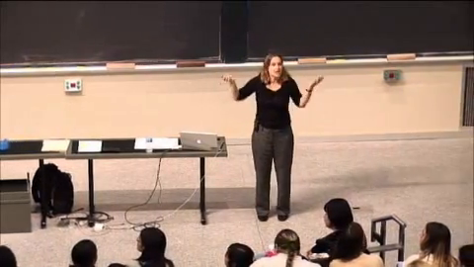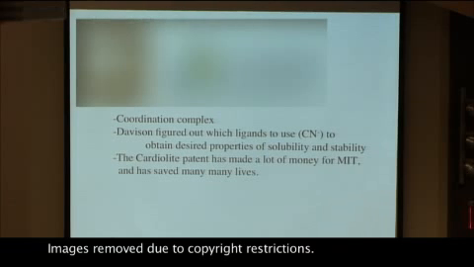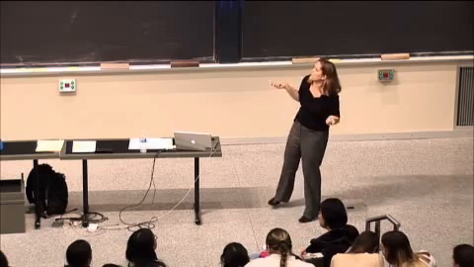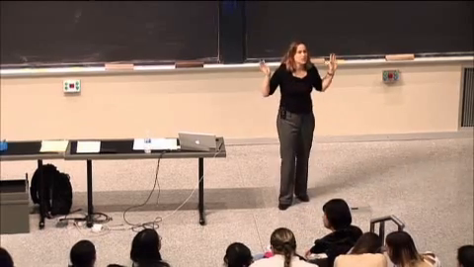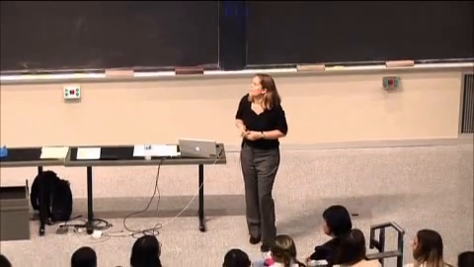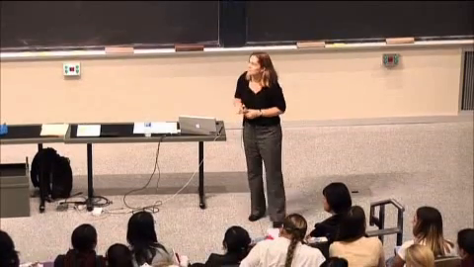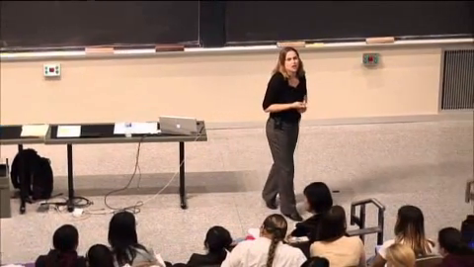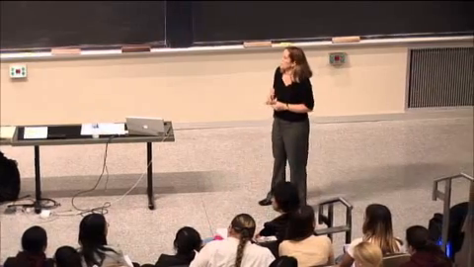And that's all it was. So he used some knowledge of radioactivity and knowledge of inorganic chemistry. He was an inorganic chemist. He's retired now. And simple coordination chemistry made an enormous amount of money for MIT, and particularly the chemistry department. And also, this has saved a lot of lives.